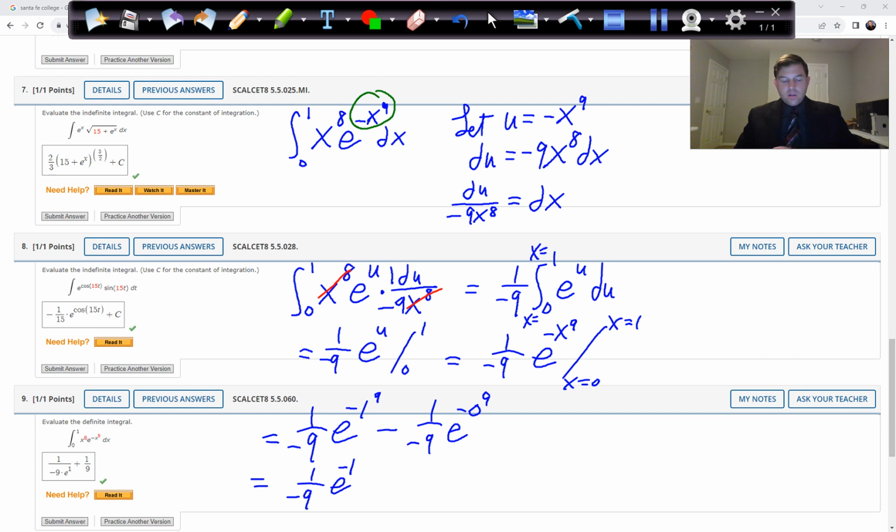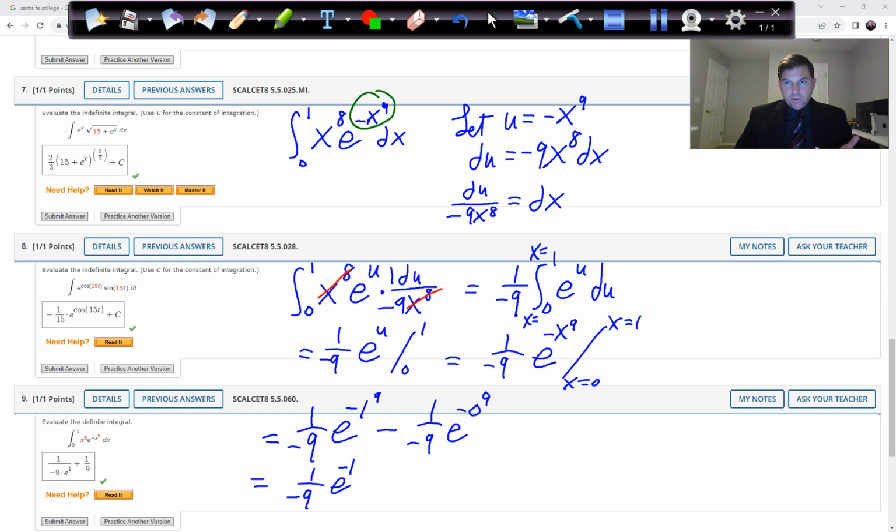So be careful here. The way you have to do this is PEMDAS, powers, exponents first. So, excuse me, parentheses first, then exponents. There are no parentheses here, so exponents have to be done first. So you have to do 1 to the 9th first, then multiply by this minus sign.